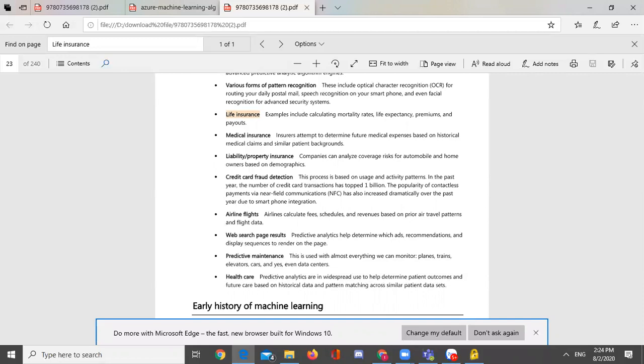I think it depends on the data that is provided. For example, if it's image data, you would use a deep learning algorithm like CNN.